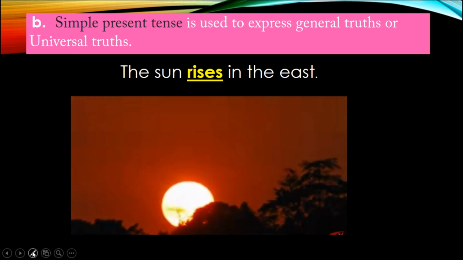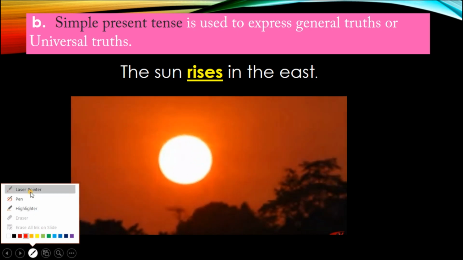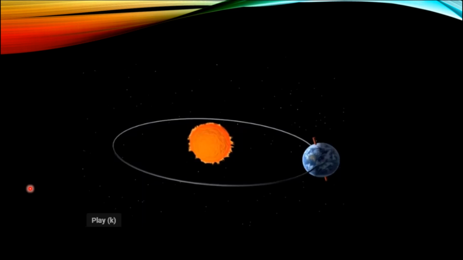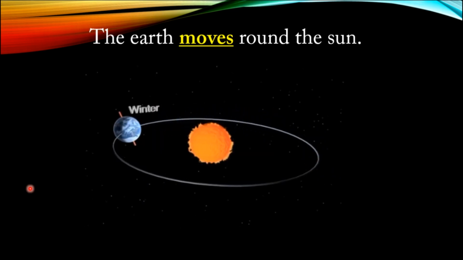There are so many universal truths as well as general truths also. For example, dogs bark is one of the general truths. Next example. Look here. The earth moves around the sun. Check how the earth moves around. Isn't it a universal truth or general truth?